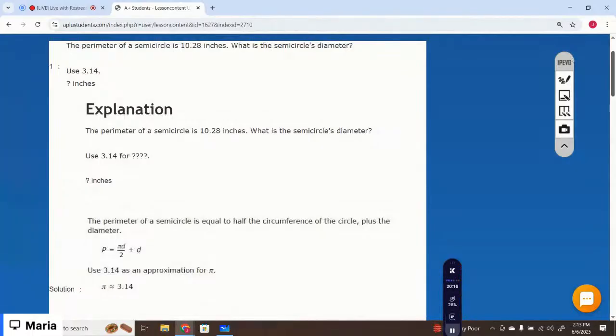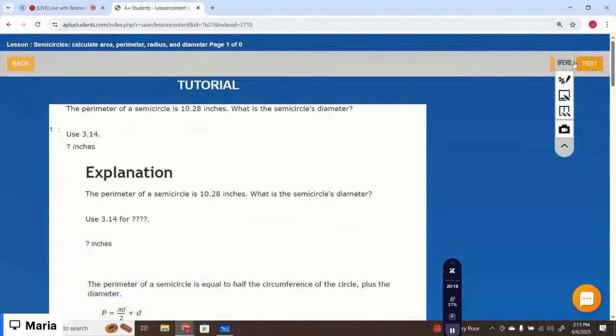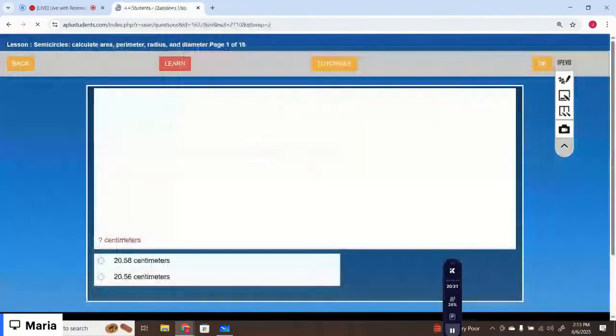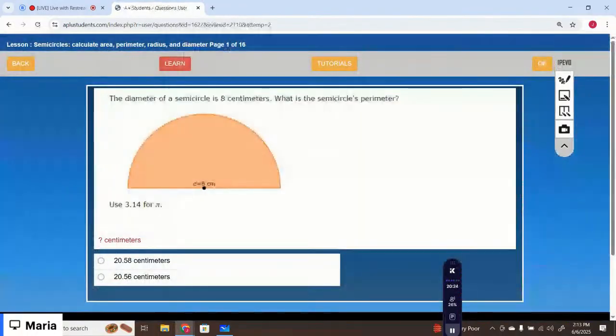Okay, let's just start with the test questions. The diameter of the semicircle is 8 centimeters. What is the semicircle's perimeter? We need to calculate the perimeter of the semicircle.